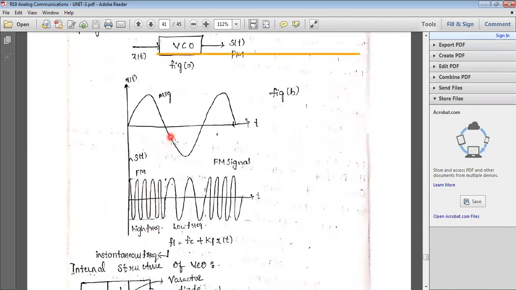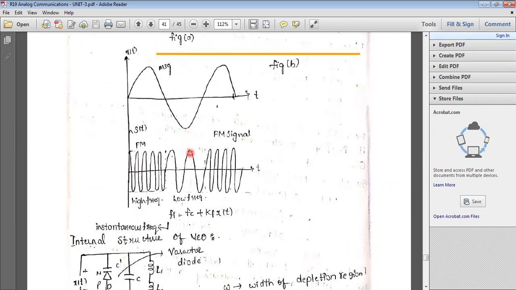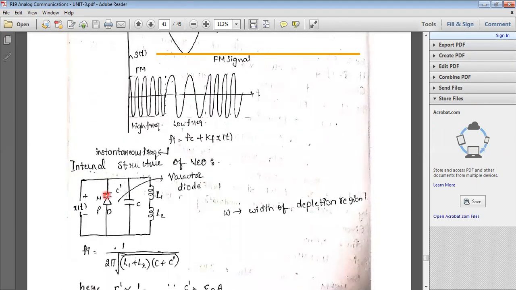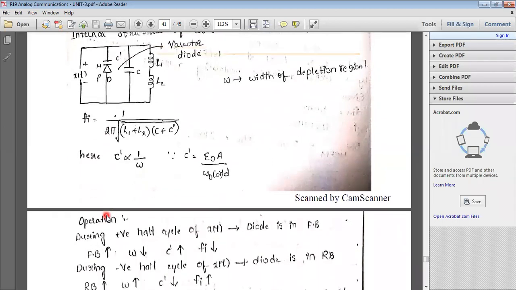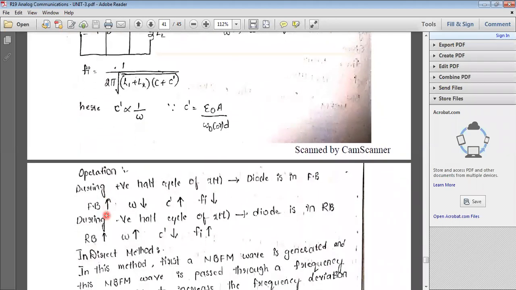The next cycle is the negative cycle. In the negative cycle, the diode becomes forward bias, that is, negative is connected to the cathode and positive is connected to the anode. Whenever the diode becomes forward bias, the width becomes reduced.